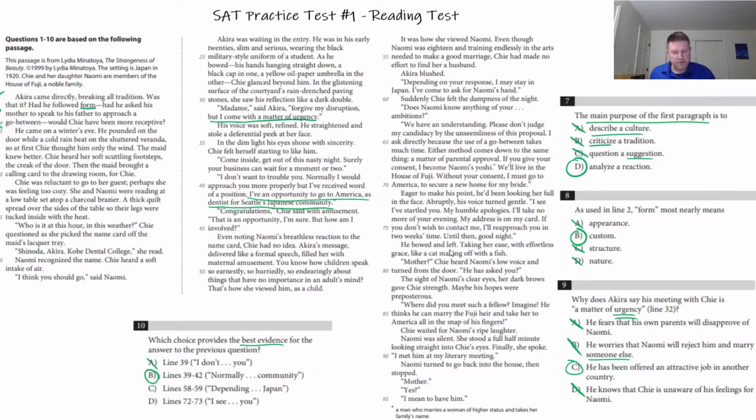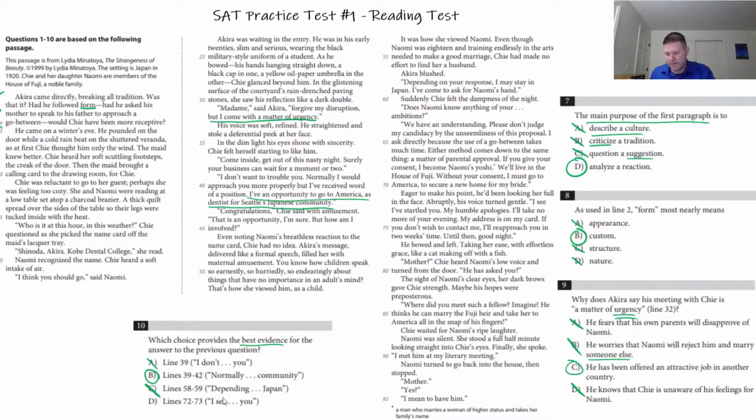The reason why it's urgent in the first place is because he was offered this job, okay? So that is the most direct evidence for why it is urgent. So I would say that lines 58 and 59 are sort of a leap beyond that, okay? So it's not actually providing the direct reasoning for why it's urgent. The job is why it's urgent, right? Not the response to the whole situation.